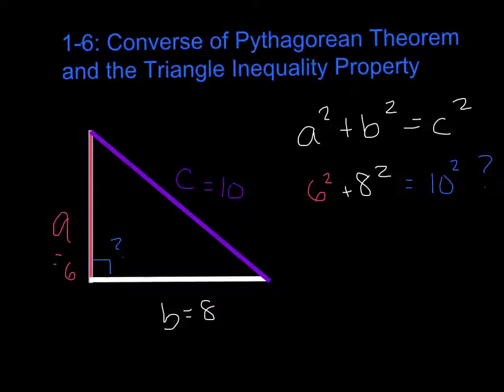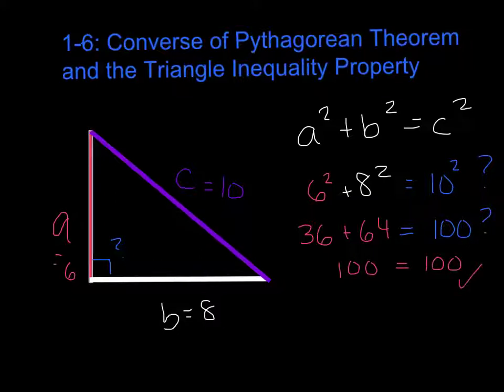If I square both 6 and 8, I'm looking at 36 plus 64, and I'm going to ask, does that equal 100? Well, 36 plus 64 equals 100. So since that works, yes, this is a right triangle.